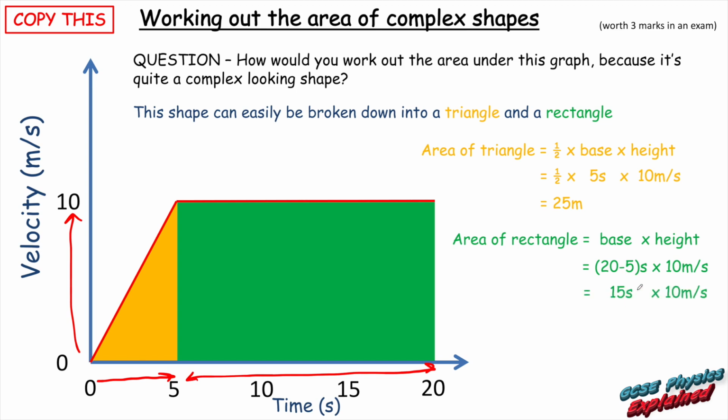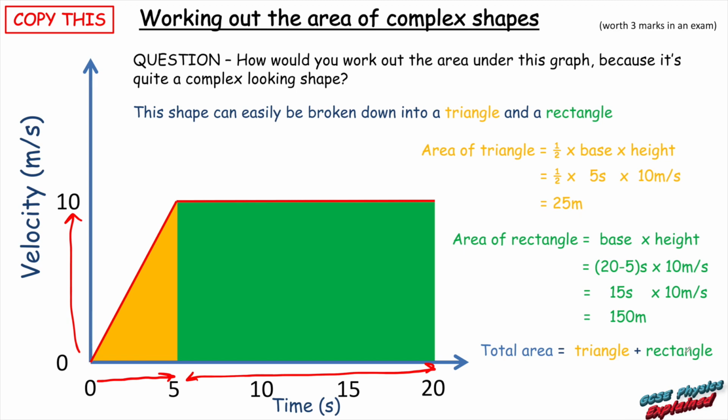So that is 15. And the height is 10. So 15 times by 10 is 150. So the total area is the area of the triangle plus the area of the rectangle. 25 plus 150 comes out as 175 meters. Thank you very much. And that's it.